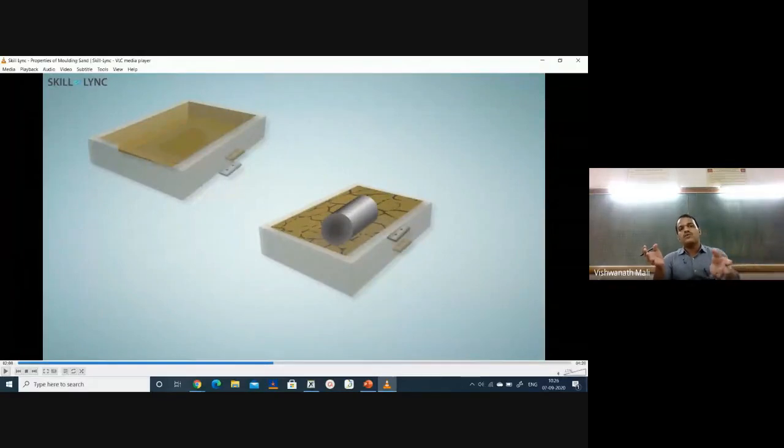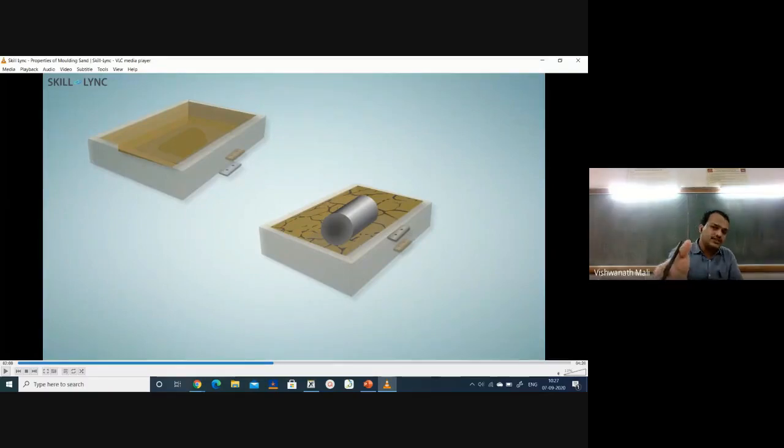What we do is crush it, making small particles of this sand, and we use it as backing sand. If you remember the last lecture, the sand near the pattern is used as fresh sand. That is called green sand. After the green sand, we use backing sand, that is used sand.